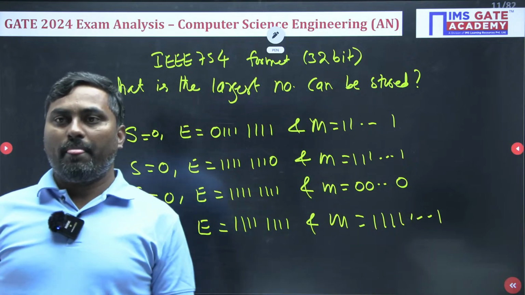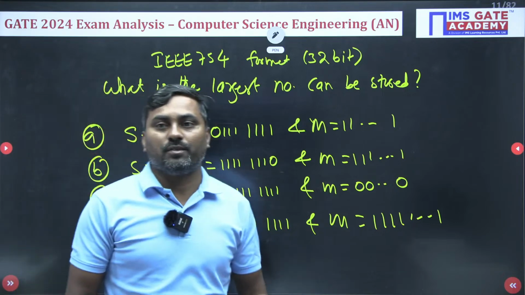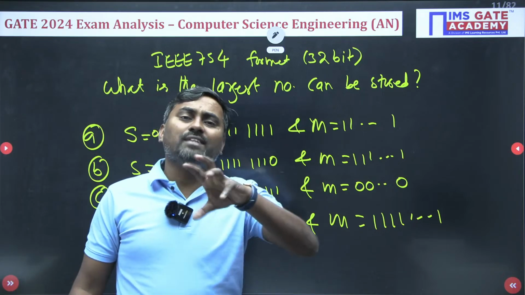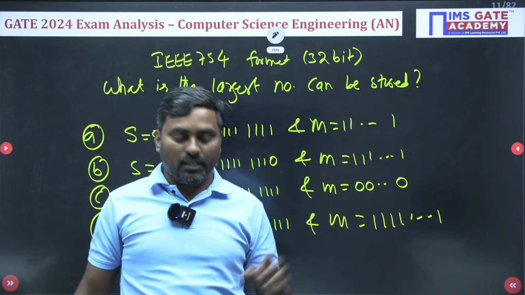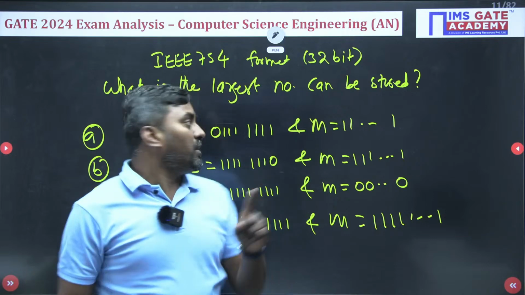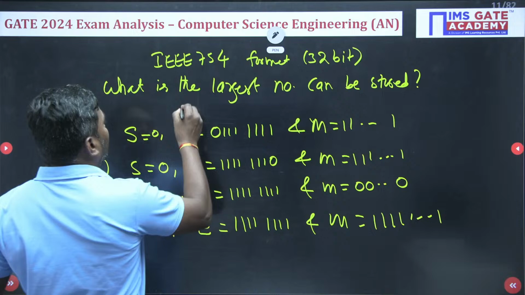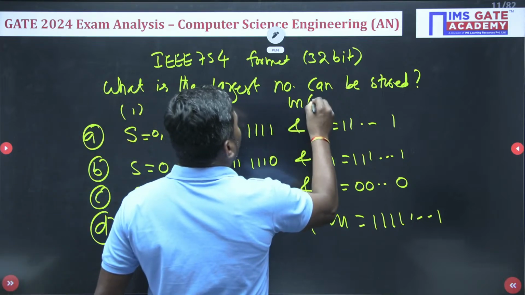They are asking for the largest number representation. How much can the exponent be as a normal number? We have seen the ranges. The exponent E has 8 bits allocated, 1 bit is for the sign, and the remaining mantissa is 23 bits.